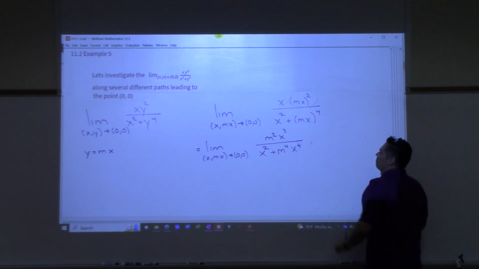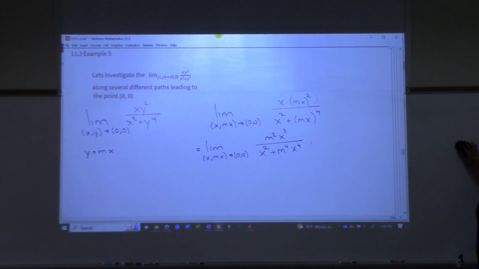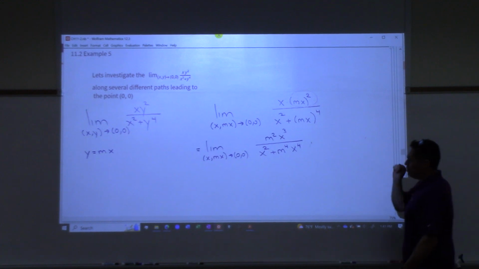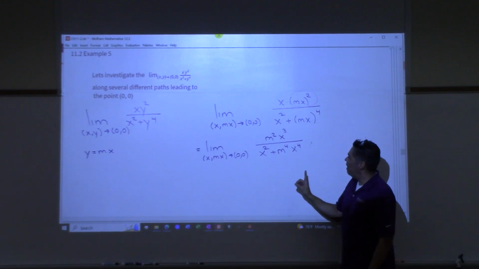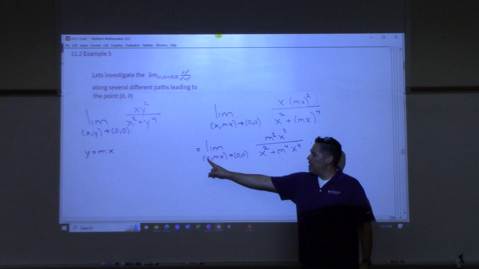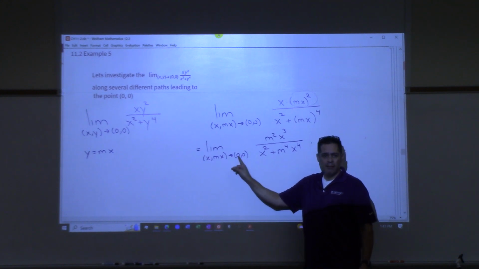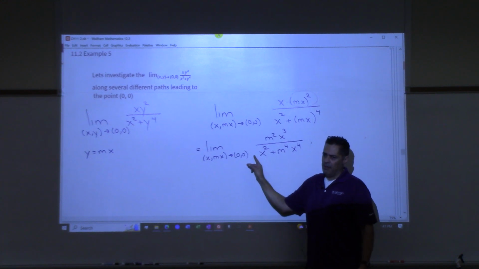Just raising both those factors to the 4th power. I'm not going to do it yet, but the idea is that I'm going to be letting x go to 0, right? If x goes to 0, then mx goes to 0 as well, right? They both go together.